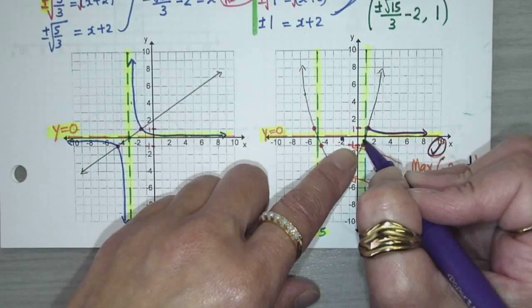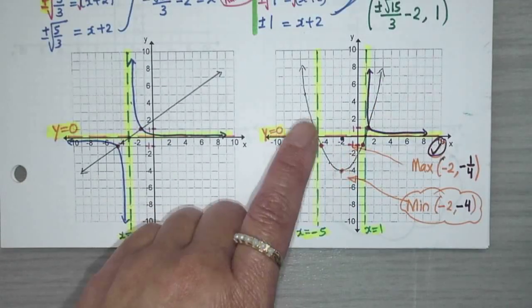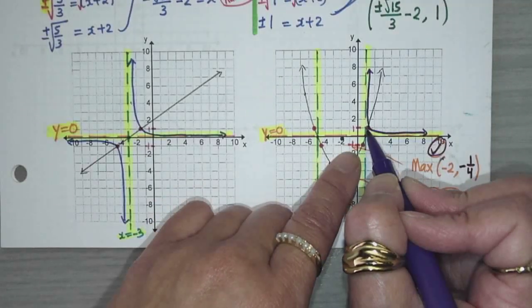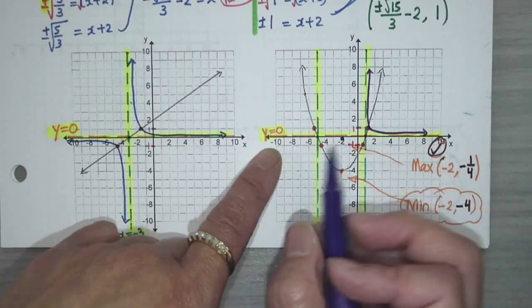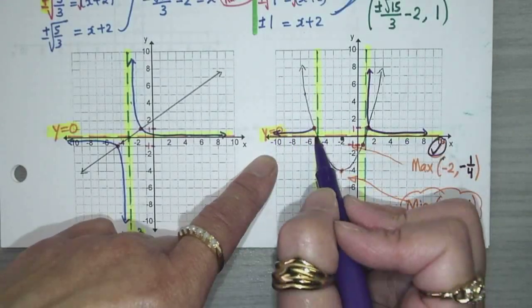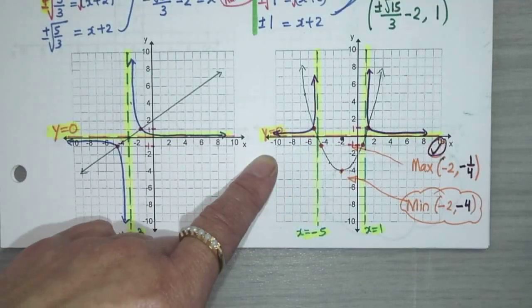Here, this side's decreasing towards, so it's heading up. It's opposite. It's heading towards the x-axis here, this little corner, so it's heading up away. Try this side. As it increases this way, it's going to be decreasing this way. As it decreases on this side, it'll be increasing up the asymptote.